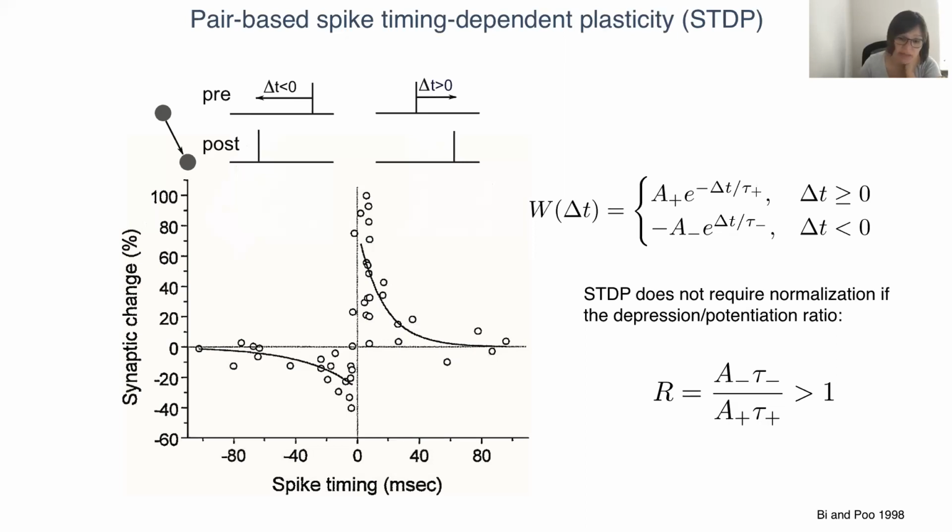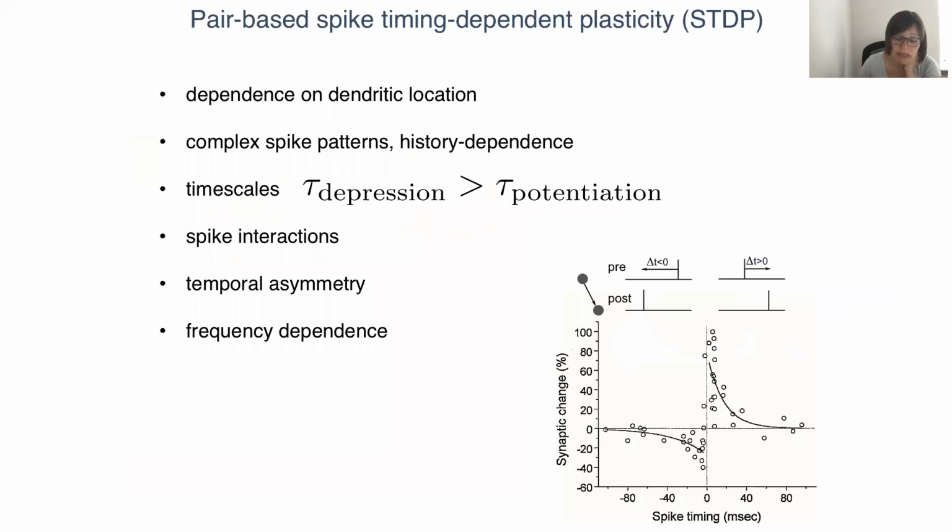But even then, the story is not so simple, because after this initial discovery of STDP, people started investigating various aspects of the rule. So let me just highlight a few of them. People found that the shape of this STDP function depends very much on the dendritic location.